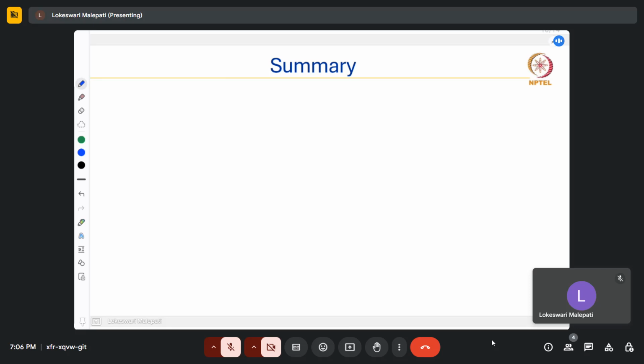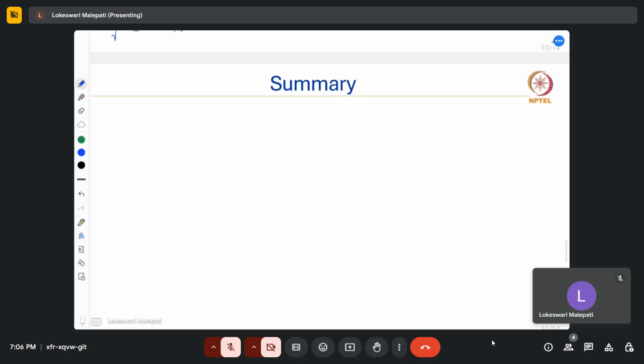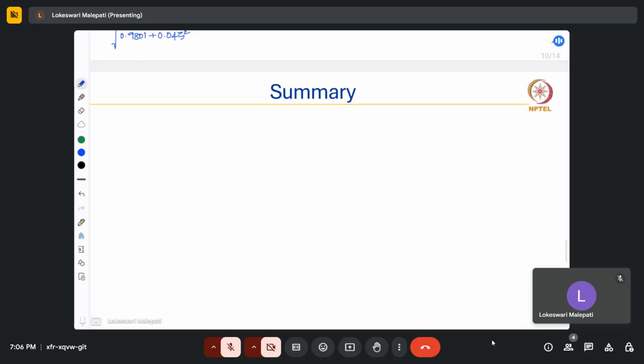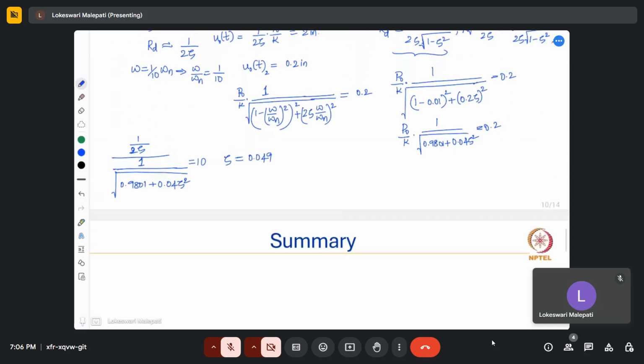These things are useful for obtaining the properties of a system when we do some tests using harmonic generator test platforms. So our goal is to understand how much is the response when the structure is subjected to dynamic forces. That is what we have seen till now.